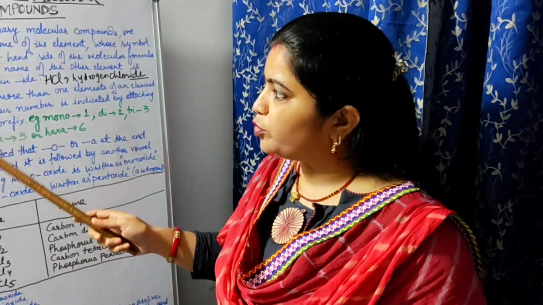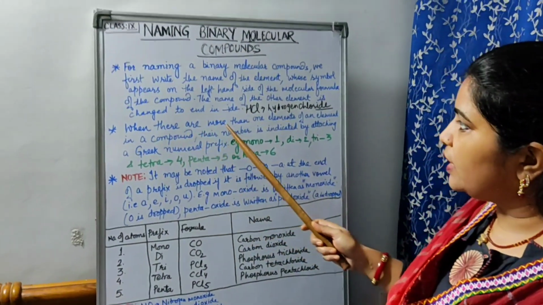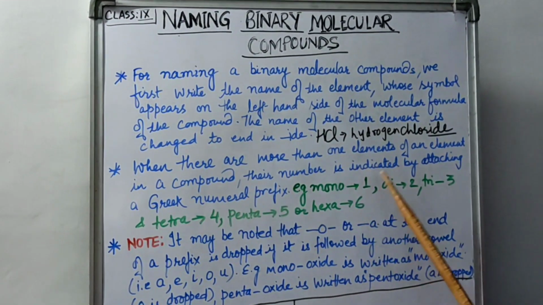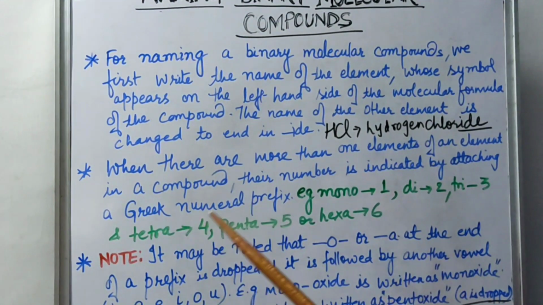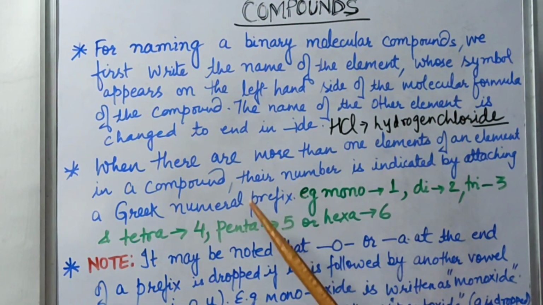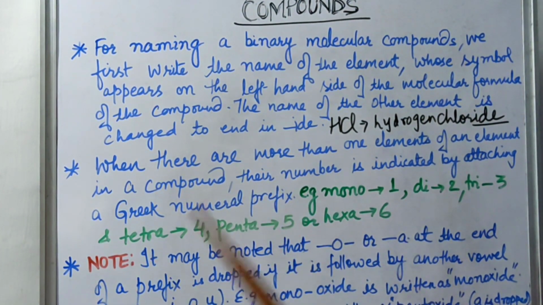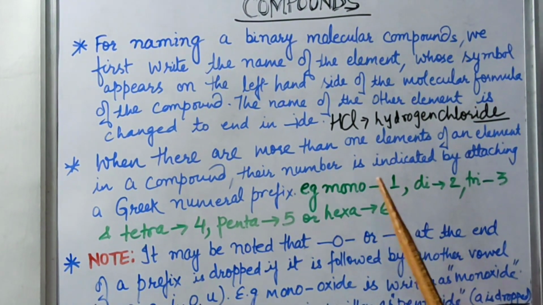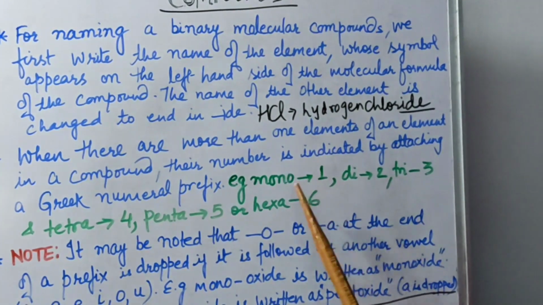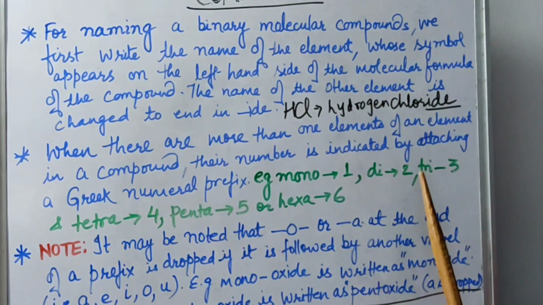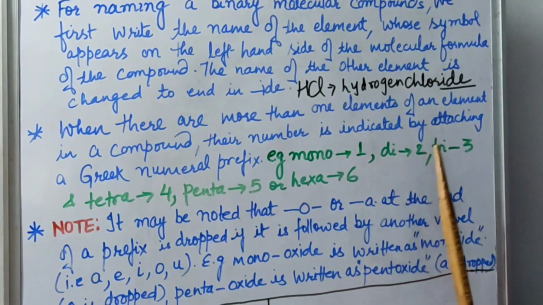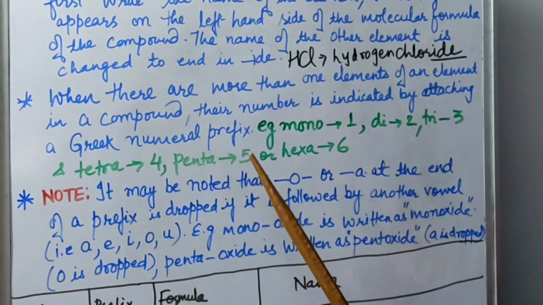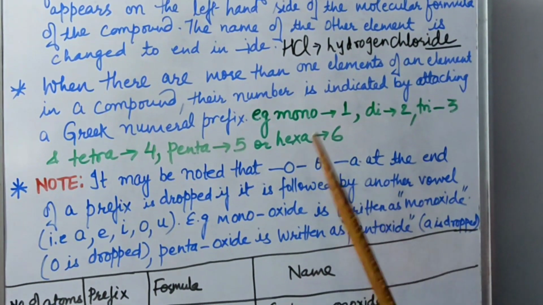When there is more than one atom of an element in a compound, their number is indicated by attaching a Greek numeral prefix. What is a prefix, children? Prefix means the terms which are used before the name. If the number is 1, you put mono. If it is 2, di. If 3, tri. If 4, tetra. 5, penta. 6, hexa.